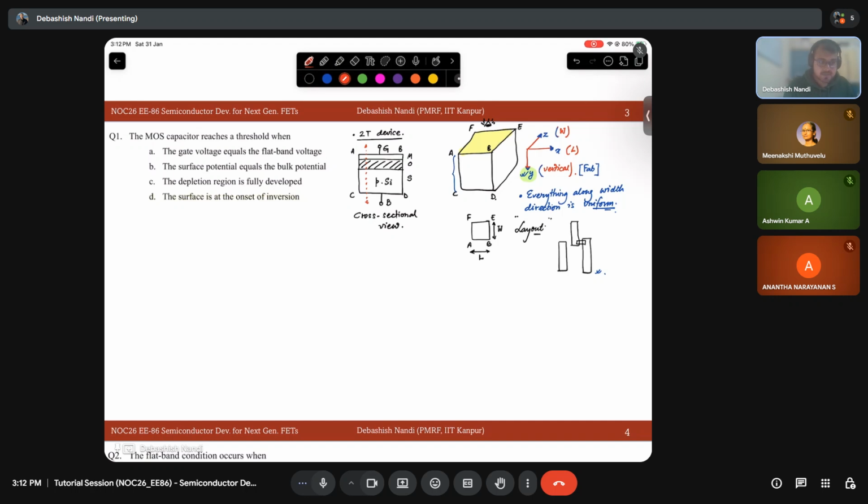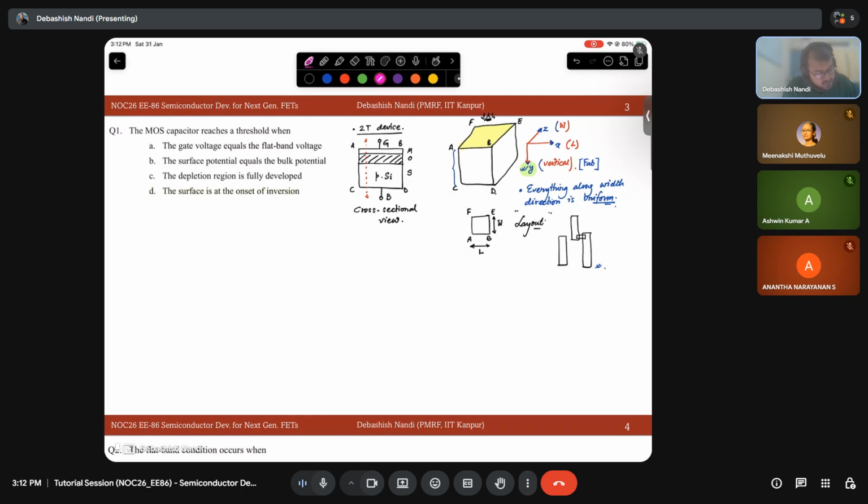Fine. But in case of MOSFET, your current flows in the length direction, so we will make use of the x direction as well. It will not be sufficient for us to draw band diagrams in the y direction; we also need to understand how the band diagrams look in the x direction. Fine. For MOSCAP, we are concerned with only the y direction.